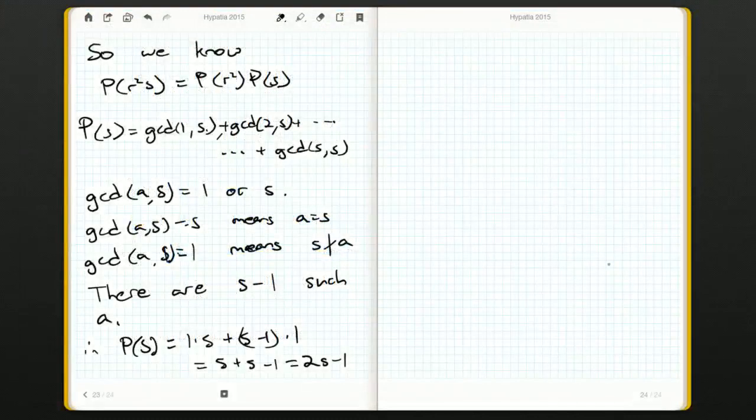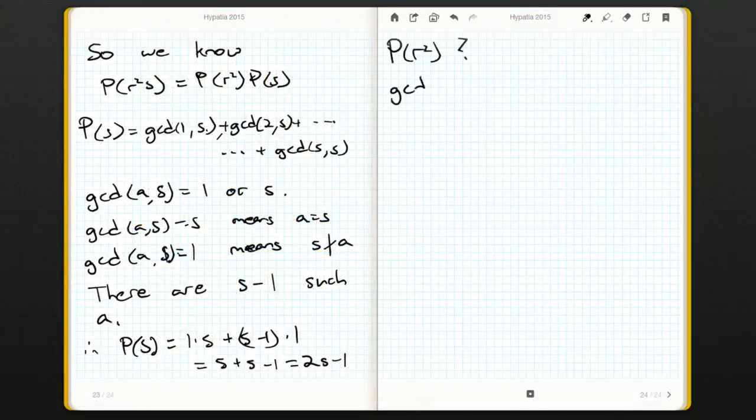How about we look at P of r squared? Now the GCD of a and r squared, well, r is a prime. So we can either have 1, r, or r squared.